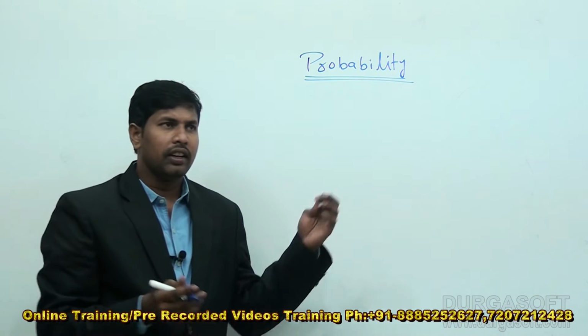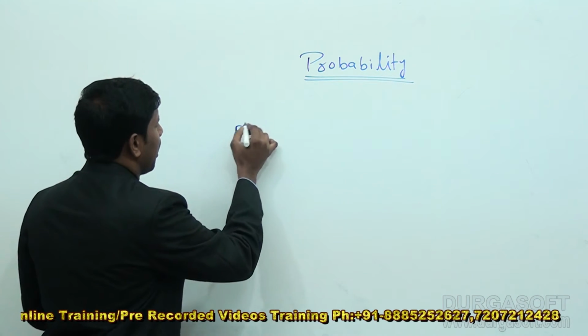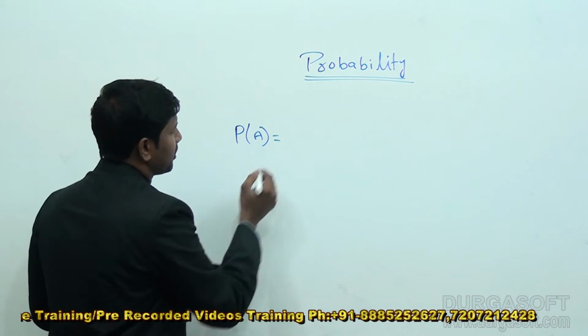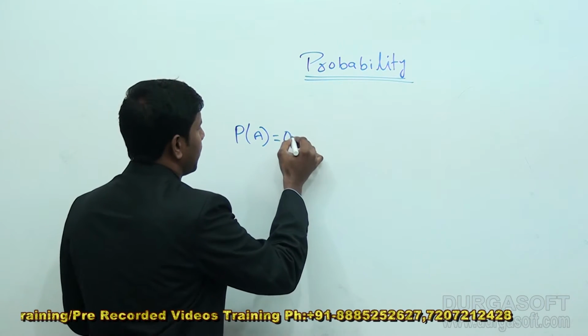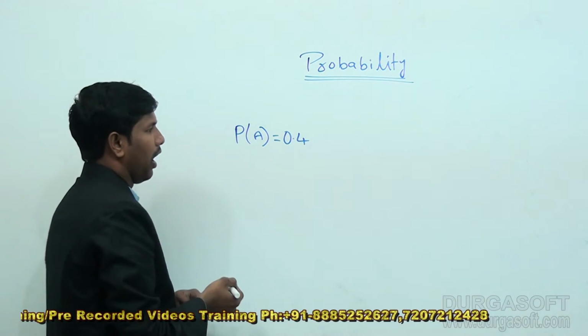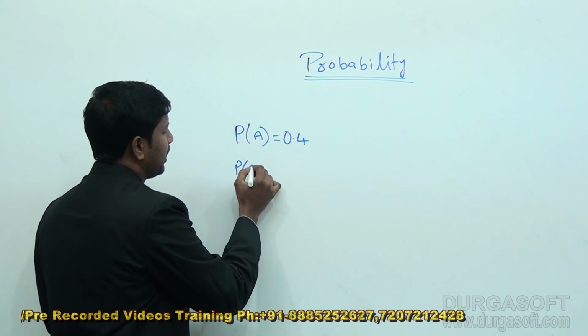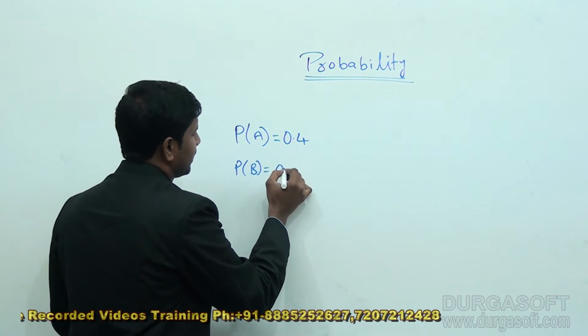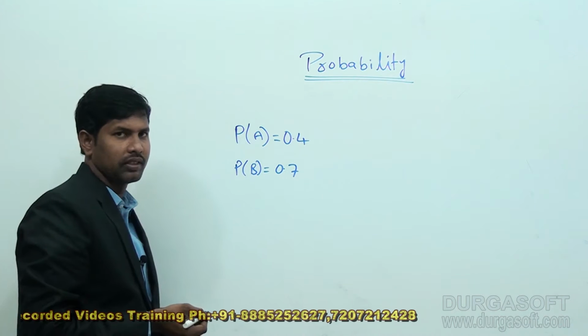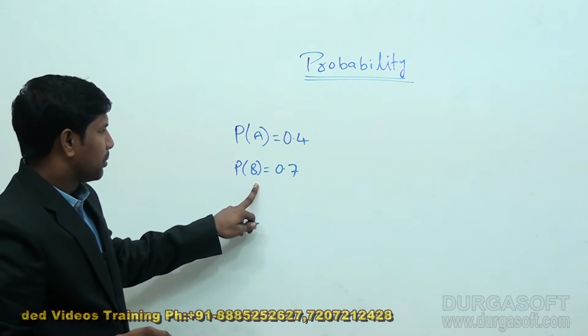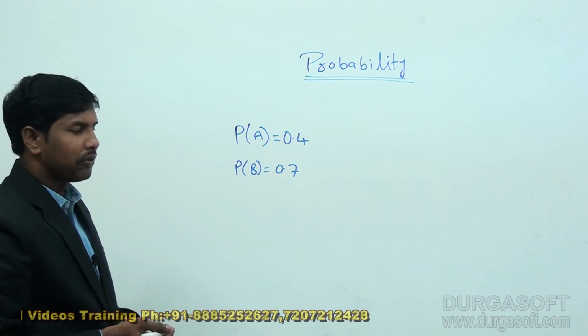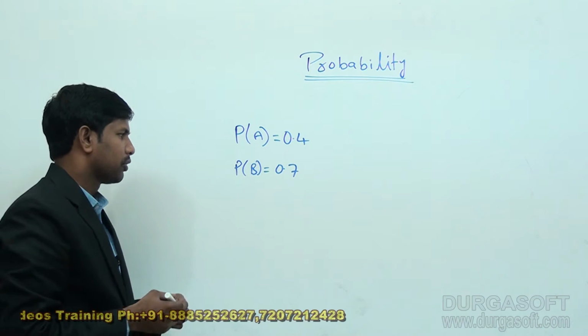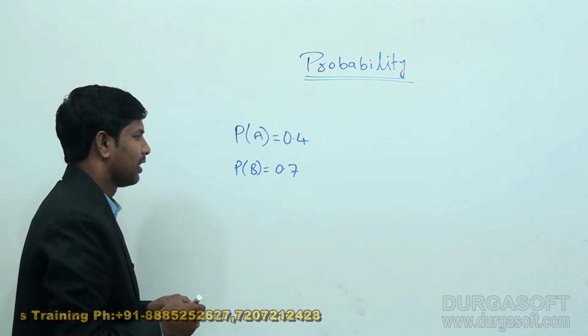Next, the probability that A speaks the truth is 0.4 and the probability that B speaks the truth is 0.7.